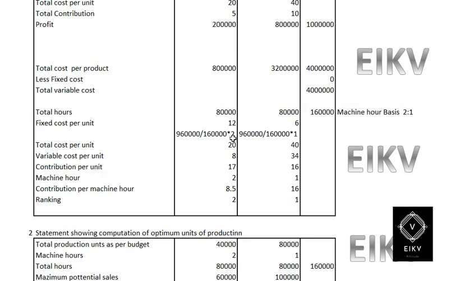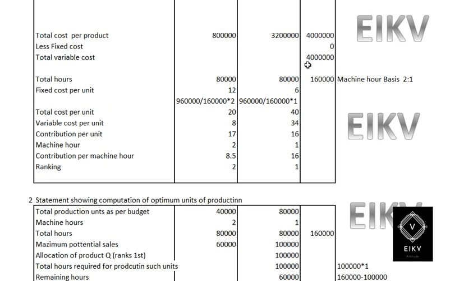So, as you all know, when we compare these production hours, we can analyze the proportion as 2:1. That is, the machine hour for product P is 2 and the machine hour for product Q is 1.